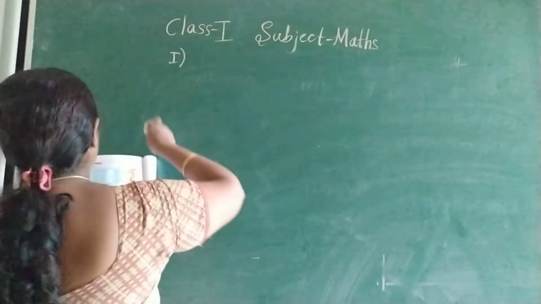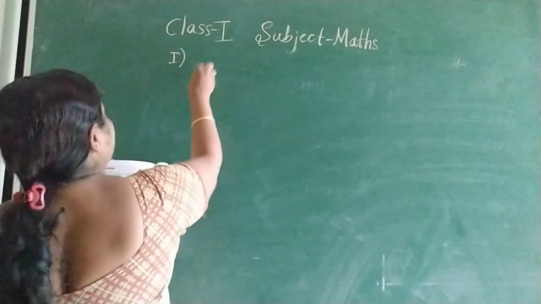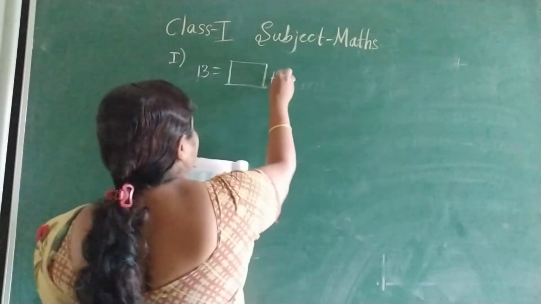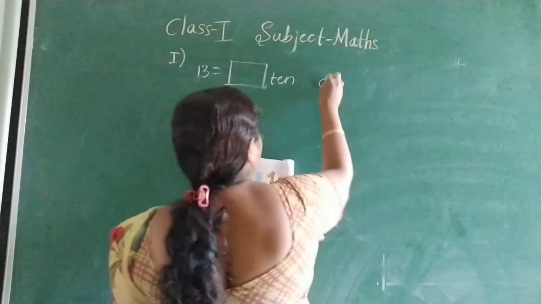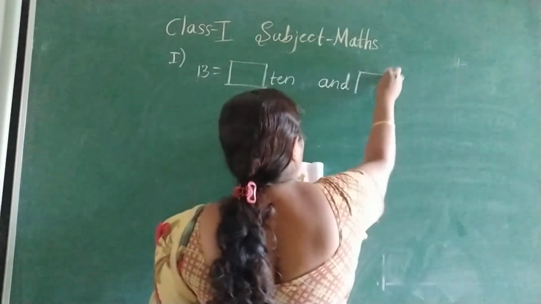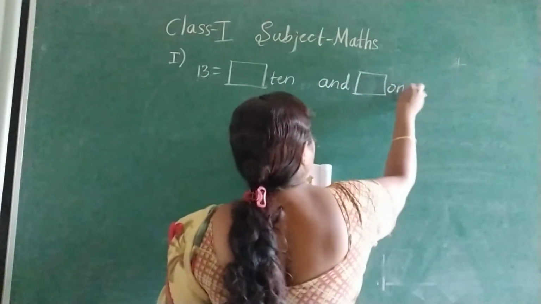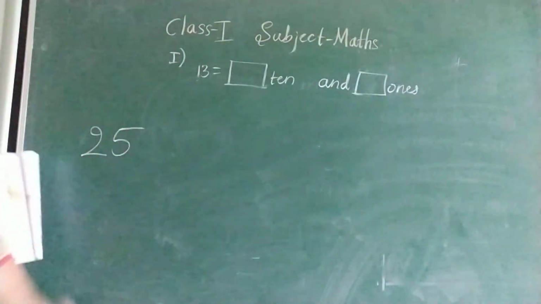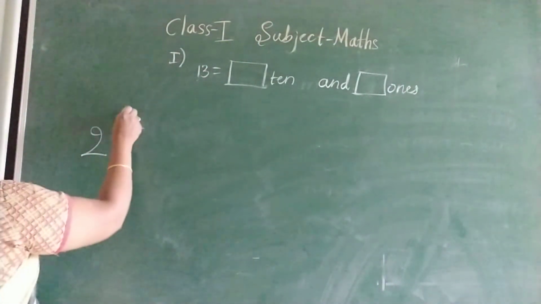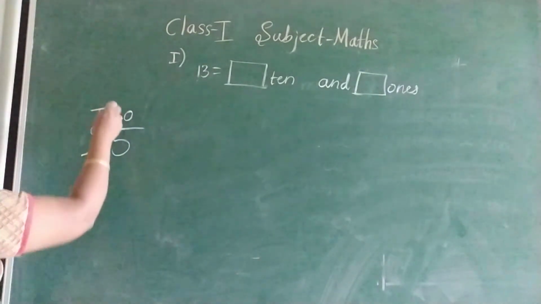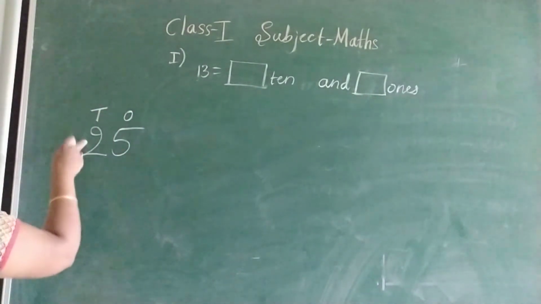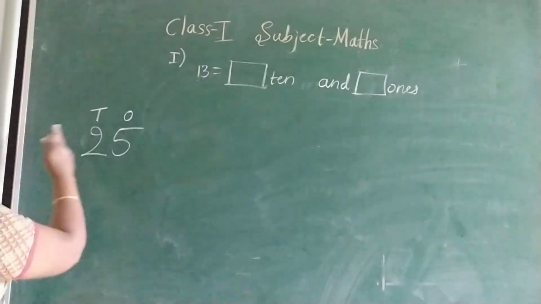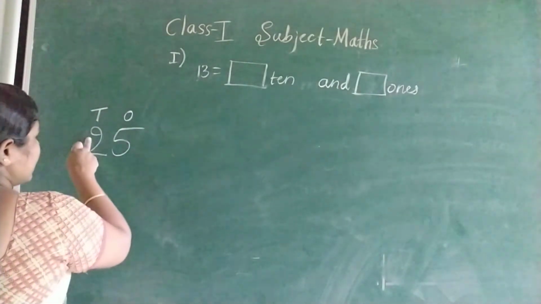First question. 30 is equal to a box tens and box ones. I told you already, if it is a 2-digit number, this is ones, this is tens. Always start from the right to the left. This is ones, this is tens.